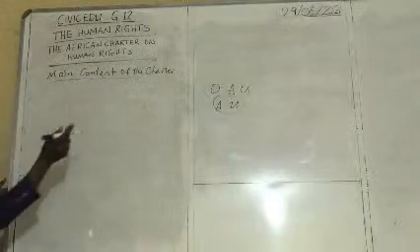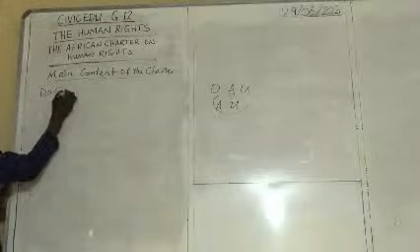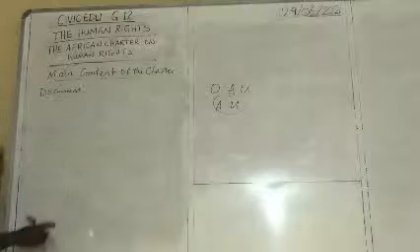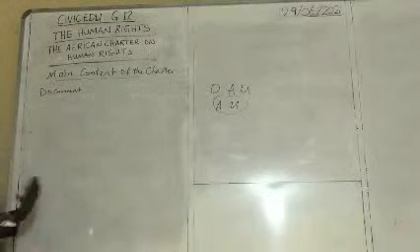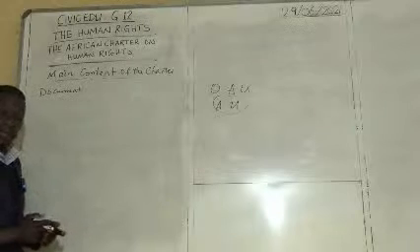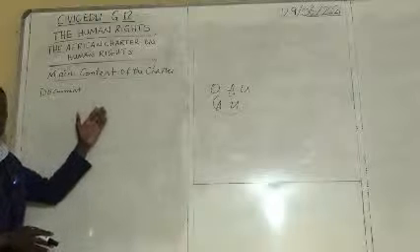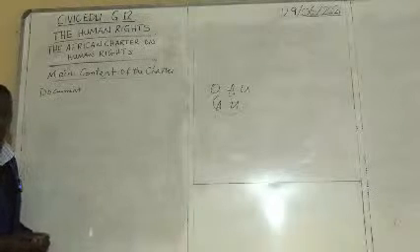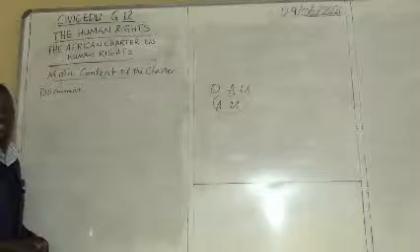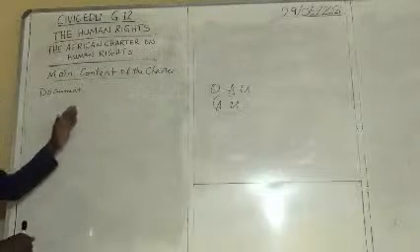I'm bringing this lesson because I've come across many examination papers which contain questions based on it, so it's very important that you take keen interest and understand some of the areas pertaining to the same.